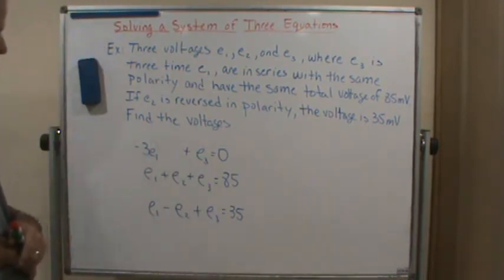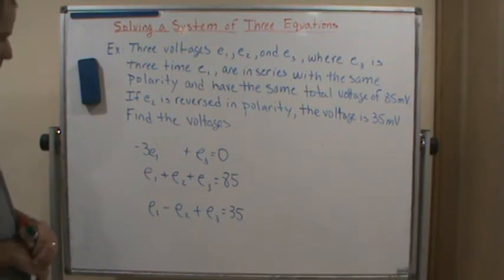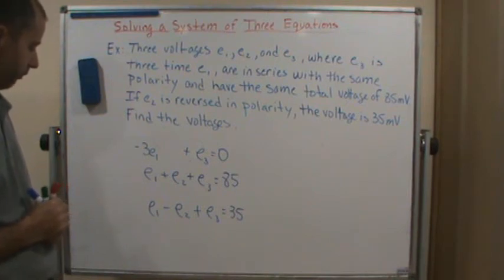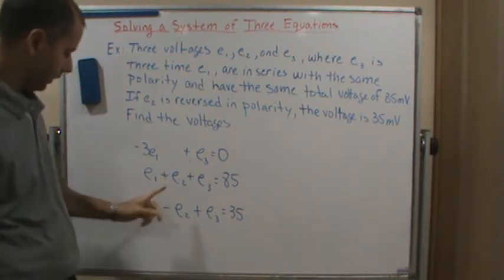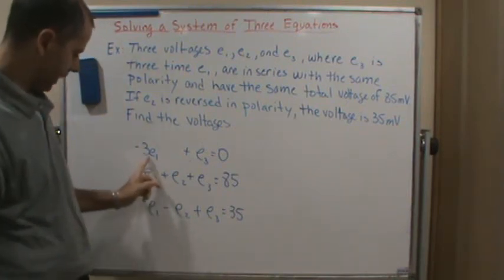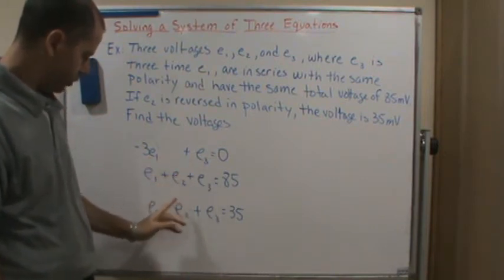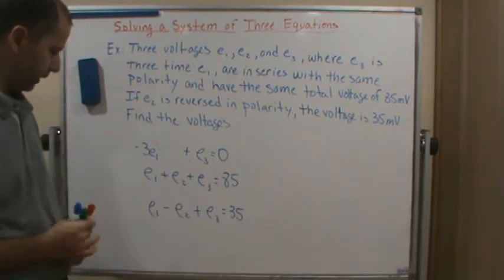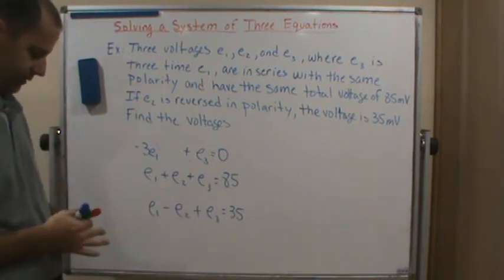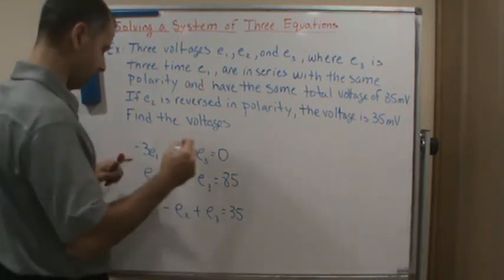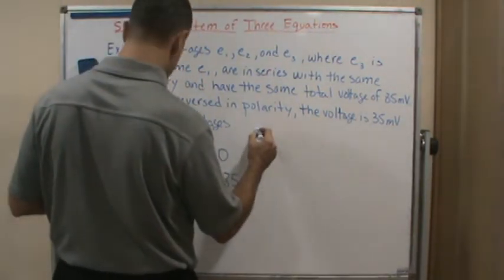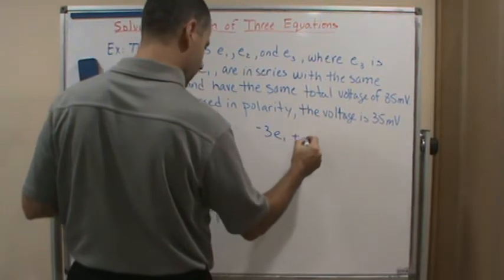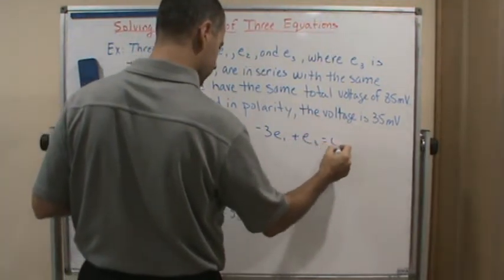Now we can get rid of E2 easily here, right? For these two equations, we can add them and get rid of E2 because they're opposite signs. So let's rewrite. We get negative 3E1 plus E3 equals 0.